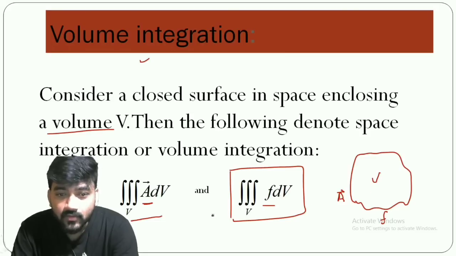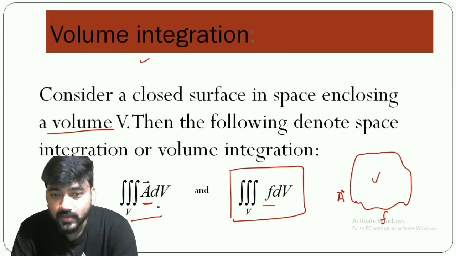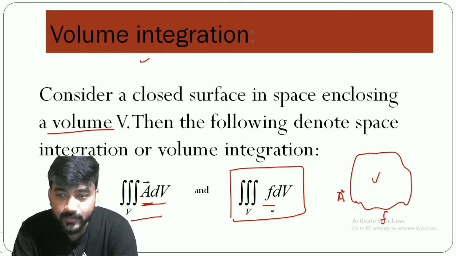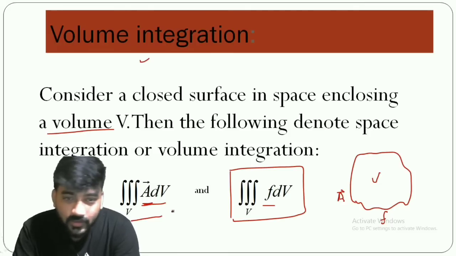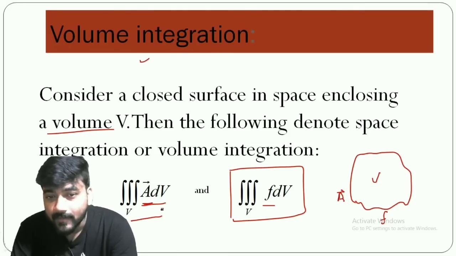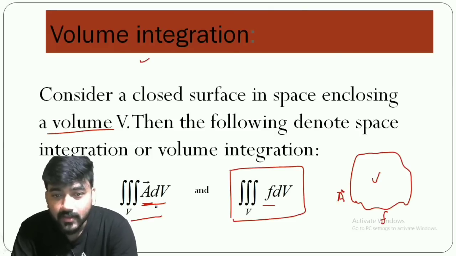Now let me solve some questions involving this integration notation, that is triple integration or volume integration, the integral of A dV or f dV. Then you will be very clear about the procedure of how to do the integration, because the definition is very simple. dV means something different in various coordinates.